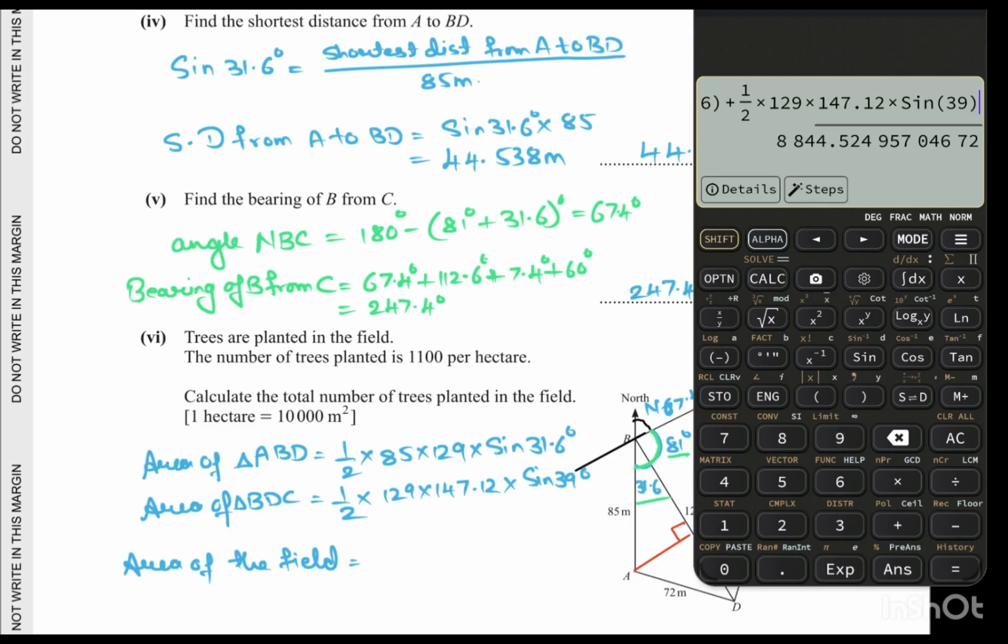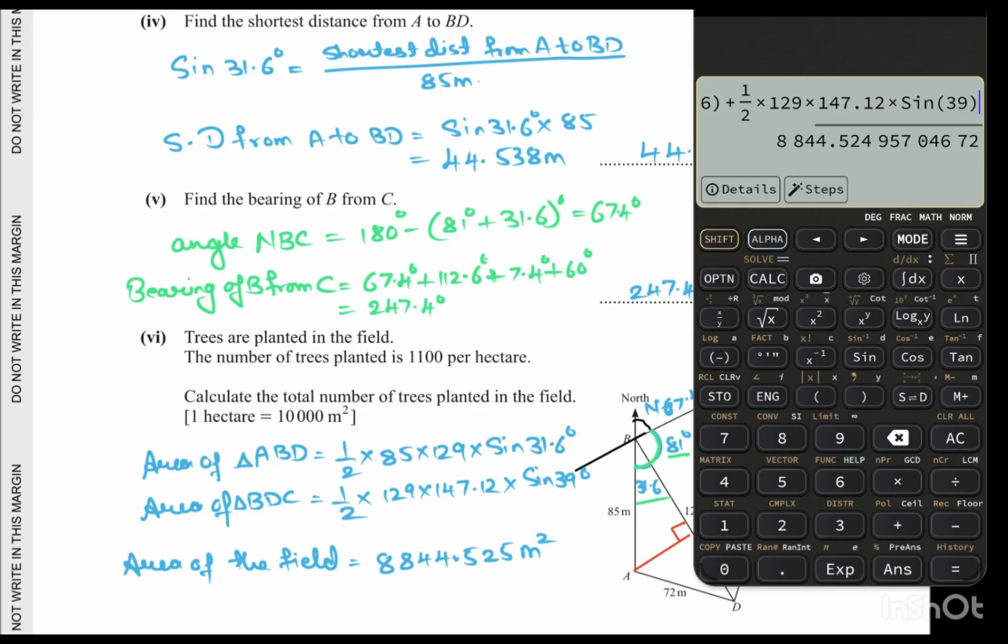We got 8844.525. I'll take 3 decimals in meter square, because all the measurements are in meters.